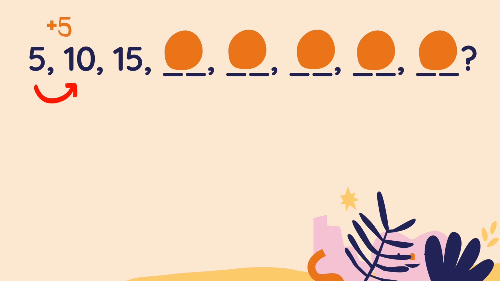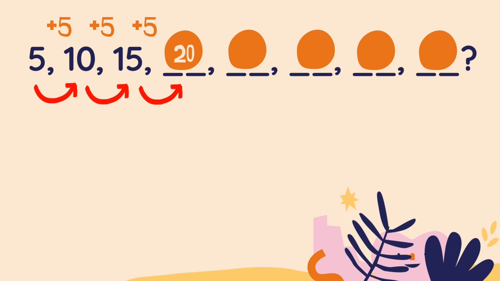How about from 10 to 15? What's the difference? That is also 5. 10 plus 5 is 15. How about 15 going to the next term? If we are going to use 5 again, that is 20. 15 plus 5 is 20. Can you see now the pattern?